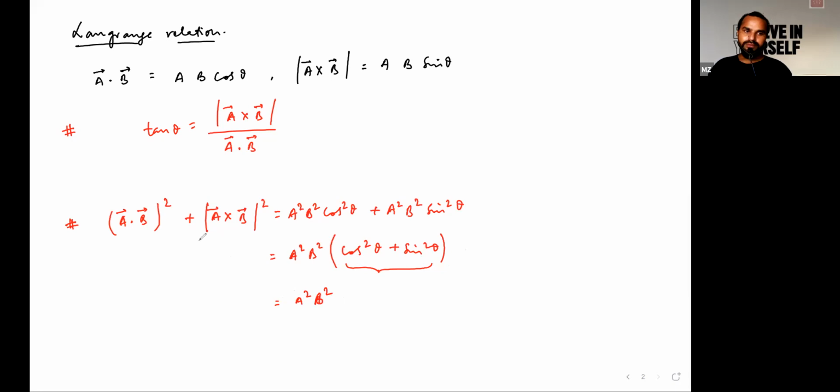So they will give you dot product or cross product and ask you to find the value of A, B. Similarly, there would be a relation like this, and they will ask you to find theta or any of the expression. So just remember these two relations between dot product and cross product.